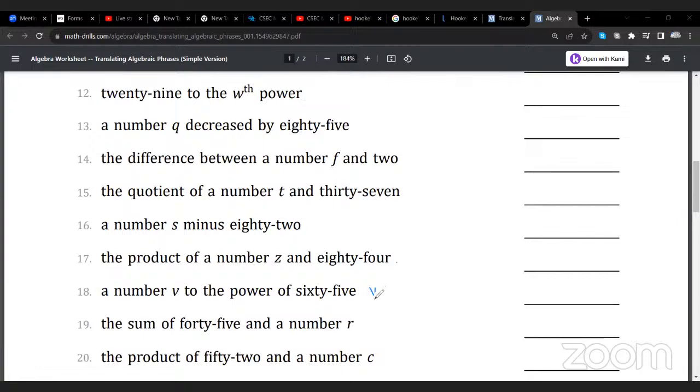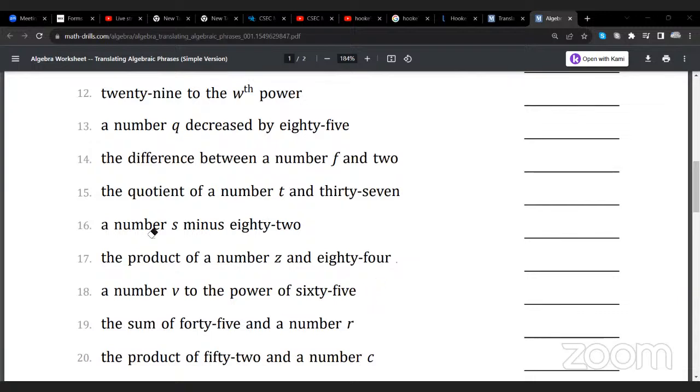So how do you write V to the power of 65? The V and the 65 above. Good, that's what I wanted. That's V to the power of 65.